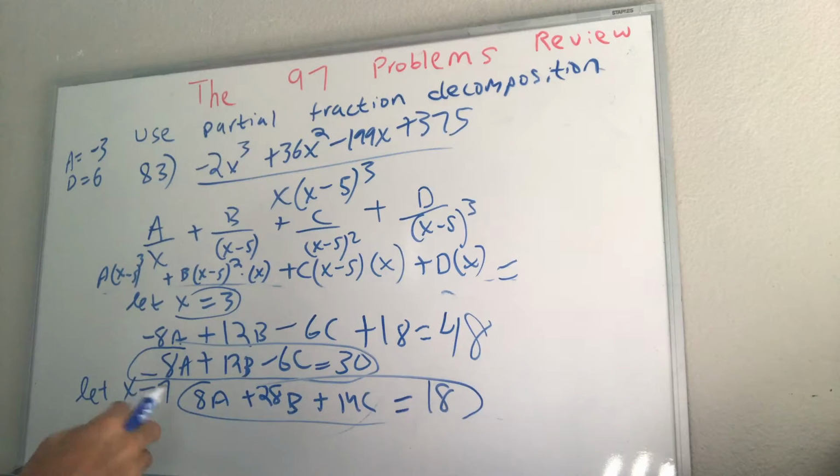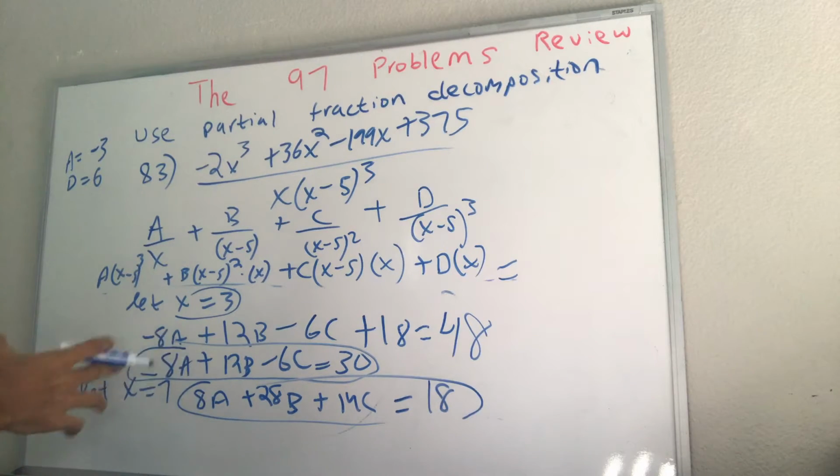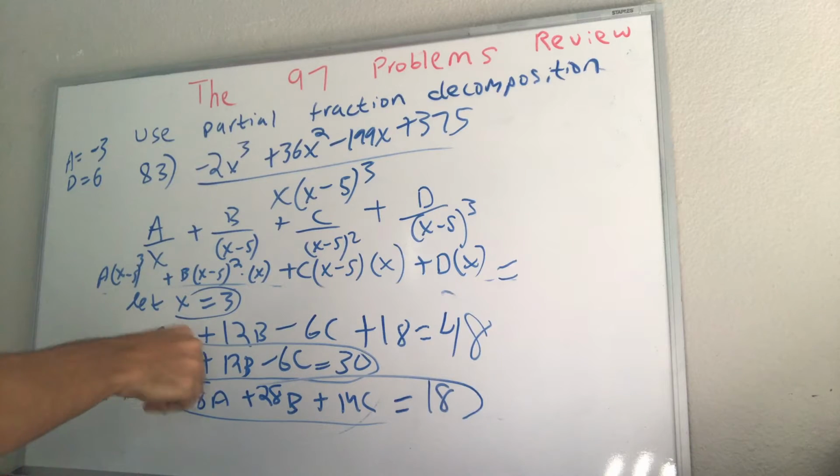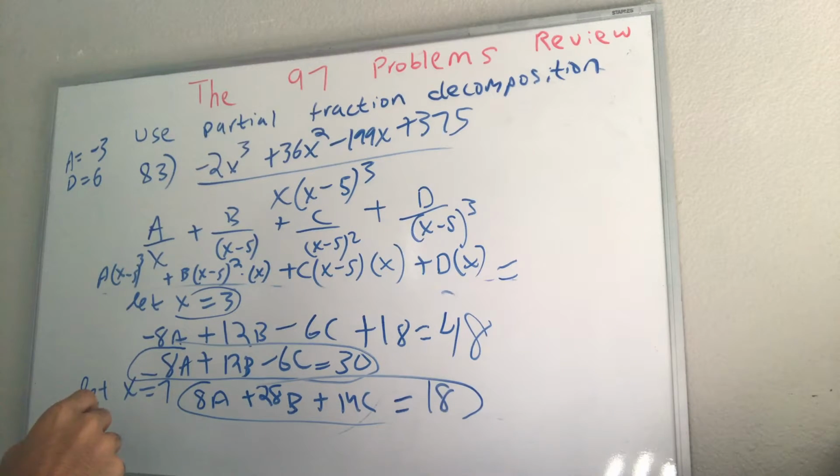The reason why I picked x is equal to 3 and x is equal to 7 is that they were both giving me that negative 8a and the positive 8a, and that's a good sign because now we can eliminate those, right? And so when I say we can eliminate those, what I'm really saying is that, well, we have negative 8a over here, right? So in this case we would be adding these two equations, right, to eliminate the a's, because negative 8 plus 8 is 0, so we can do that.